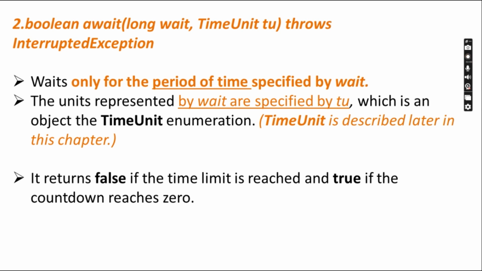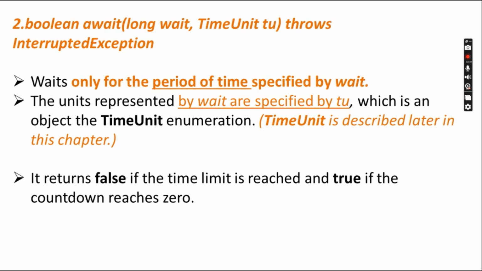The second form is await(long wait, TimeUnit tu). Here long wait is the number of time units, whatever unit you provide, that it will wait, and tu is an object of the TimeUnit enumeration.